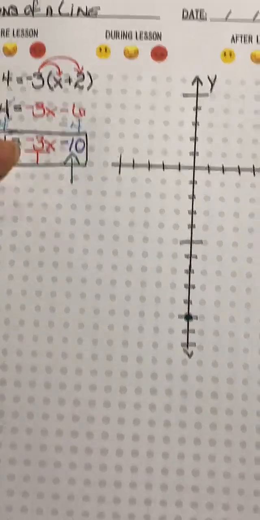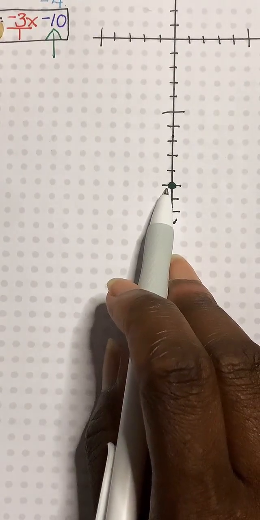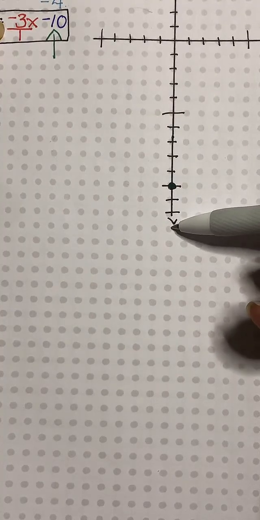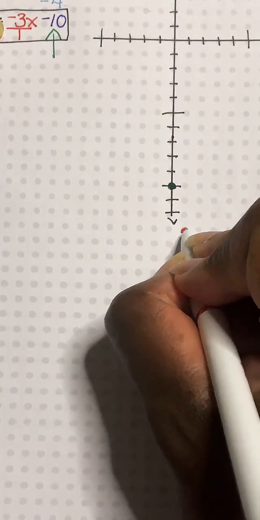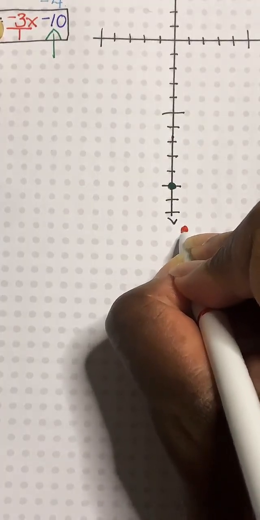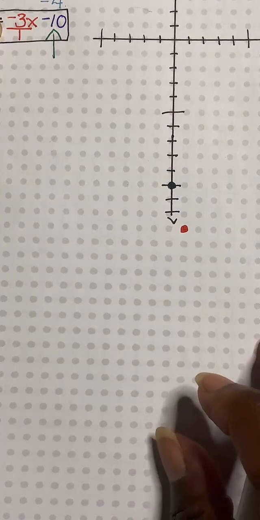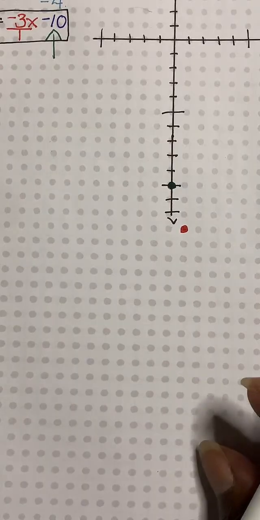So my slope, that means from this point, I'm going to have to go down 3. 1, 2, here's the third one down here. And over 1. And you're like, Audrey, it's kind of off the chart. It's going to be kind of hard for us to do it again. Good. Because I'm going to show you something in a moment.